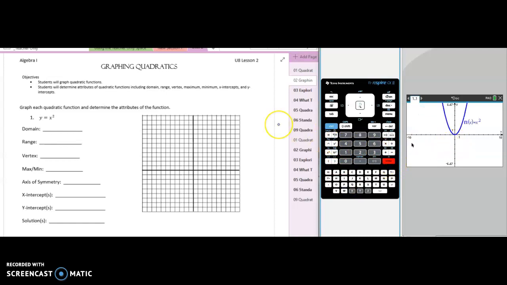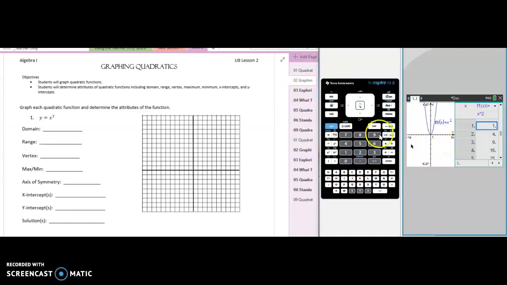Okay, and so we have the graph, and it looks like that, right? I want to either sketch that or use some points on there. So let's do Control T so we can get some points on our graph. I'm going to arrow up a couple times so that I have some good points. If you'll notice, 0, 0 is my turning point because on each side of that, my y values are the same.